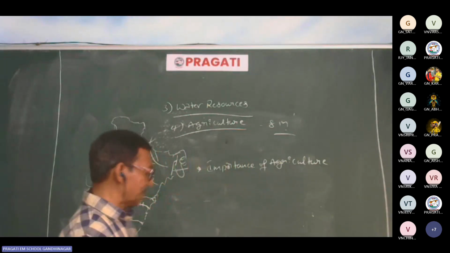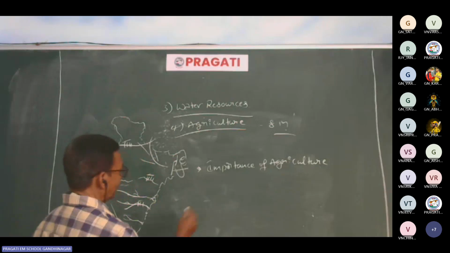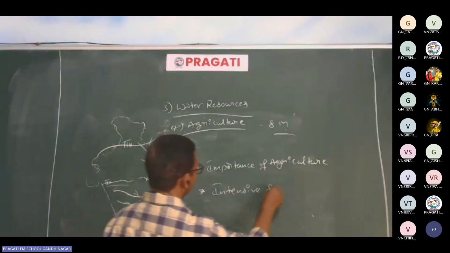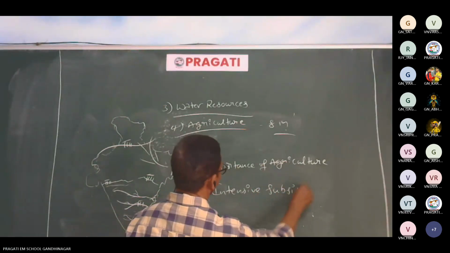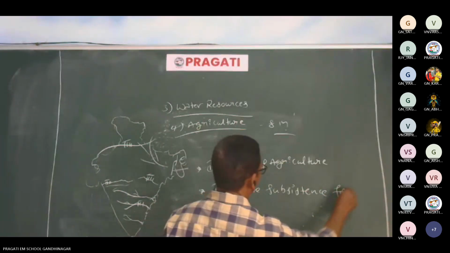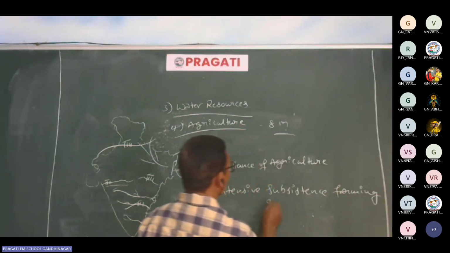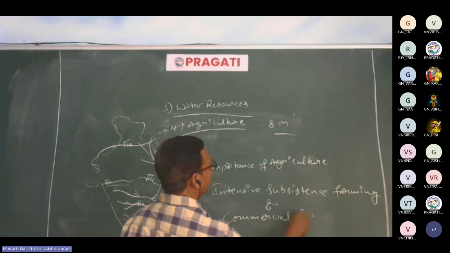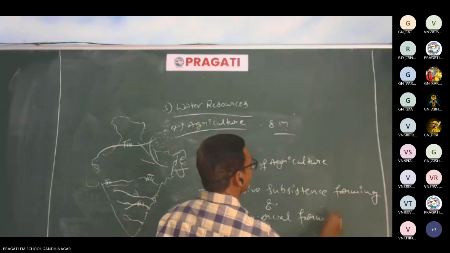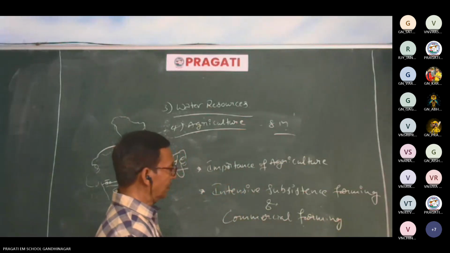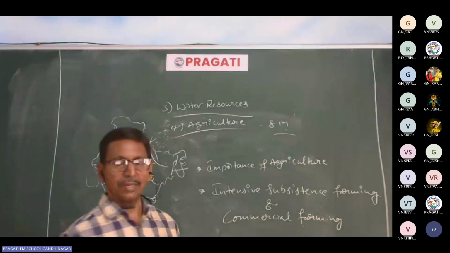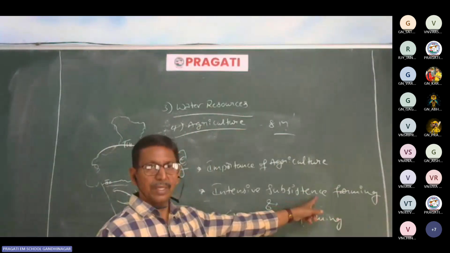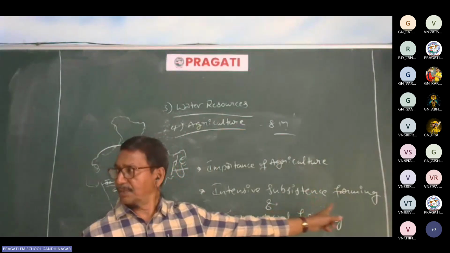Intensive subsistence farming and commercial farming: you may come across a question to compare them, the differences. In intensive subsistence farming, whatever we cultivate, we consume. We use old methods and so on.